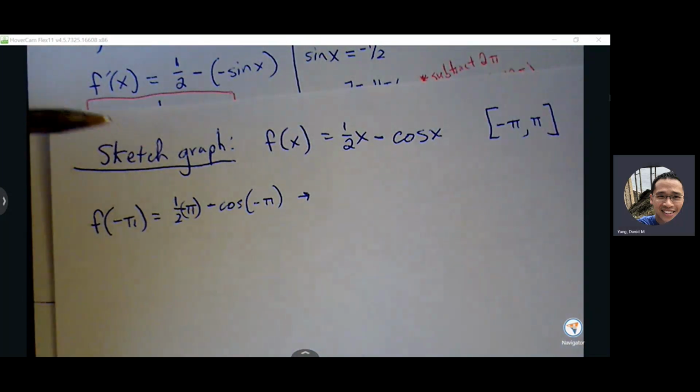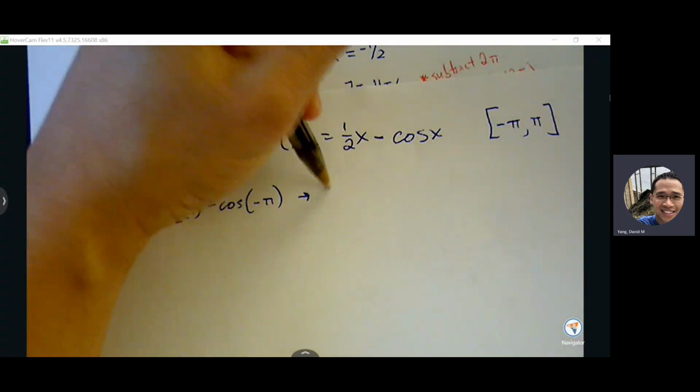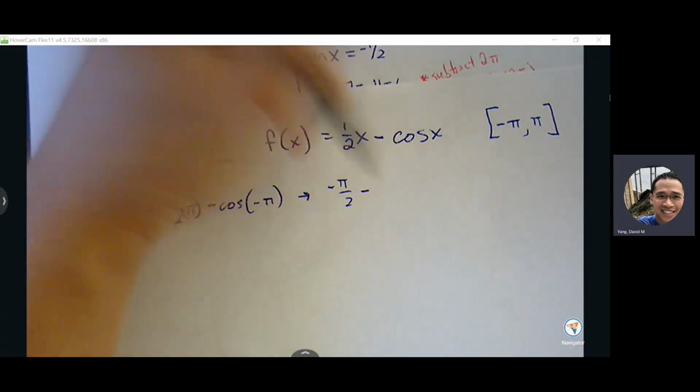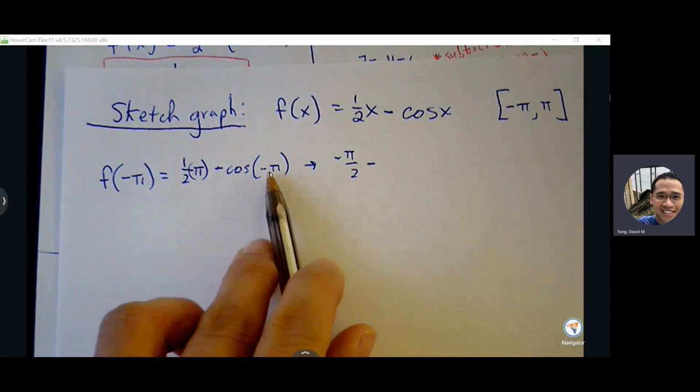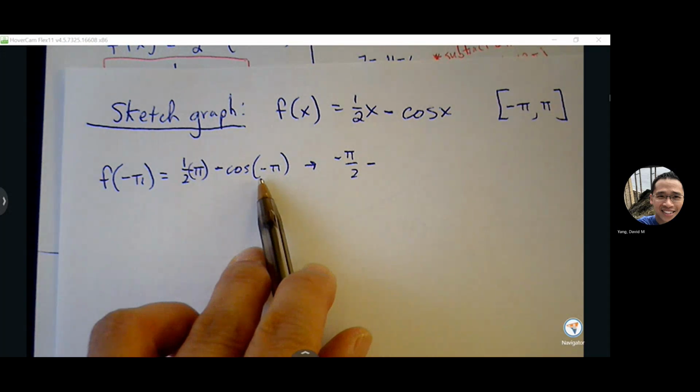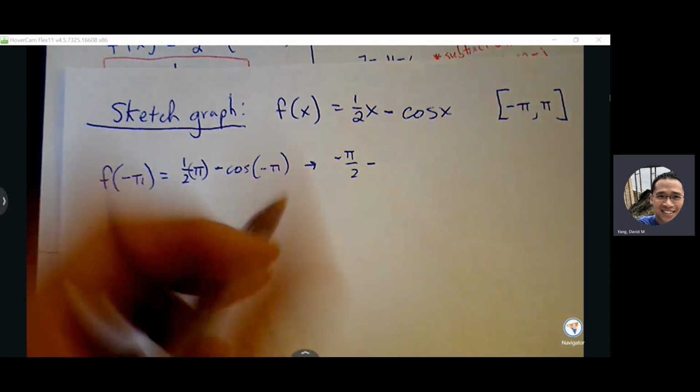So I get negative pi times 1/2, which is negative pi over 2, minus cosine of negative pi. If you don't recognize negative pi, you can add 2 pi to this. So cosine of pi goes to negative 1. Negative 1 times negative 1 is positive 1.